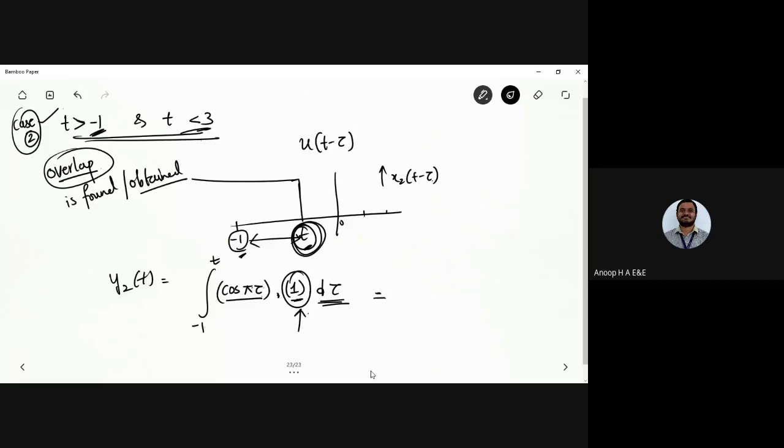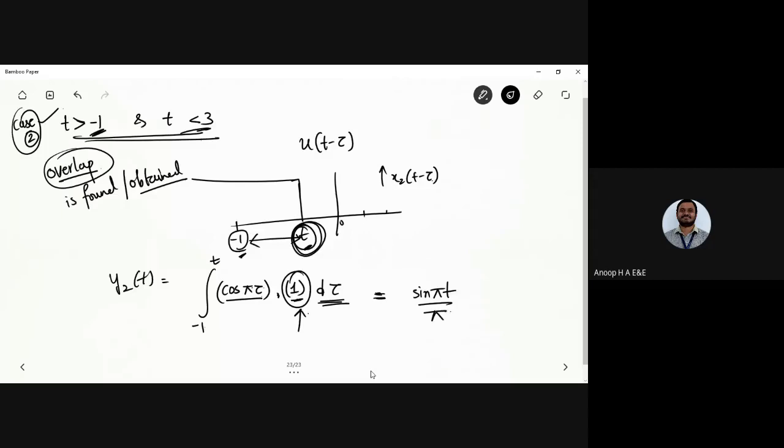So how do I get the final result? How do you evaluate the integral? What is the final result of evaluating the integral over there? Sin pi t by pi, sin pi t divided by pi, right?